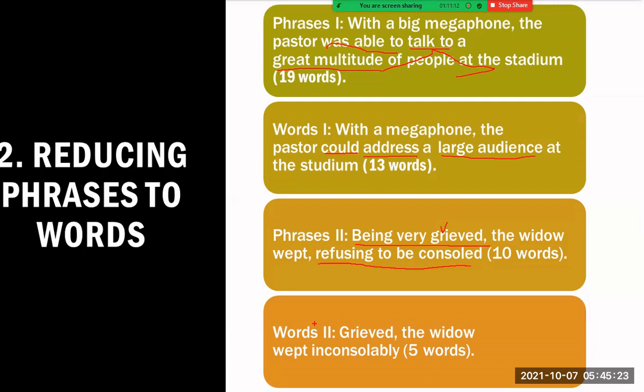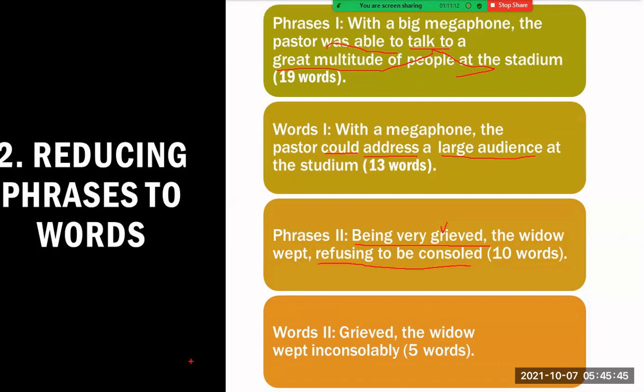You can see we reduce the expression into half. 10 words now are reduced to 5 words, and yet we retain the original idea of that expression. That's exactly what summarizing is all about, okay?